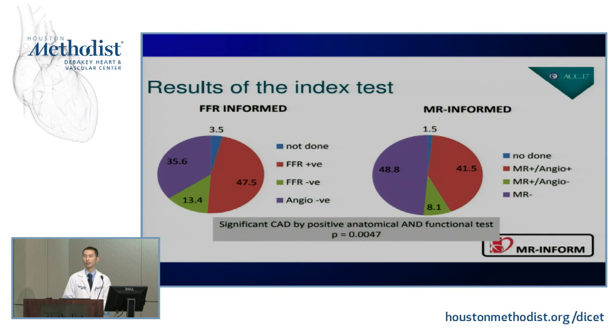So this group in the UK decided to recruit about 900 patients and randomize them between FFR-informed, where every patient got an angiogram and got FFR, versus MR-informed decision-making. And what they found and released in the ACC 2017 presentation was that MR-informed led to less invasive testing and was roughly comparable otherwise in terms of outcomes for FFR versus MR.